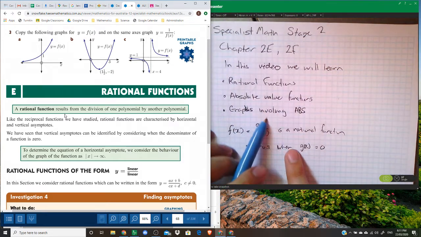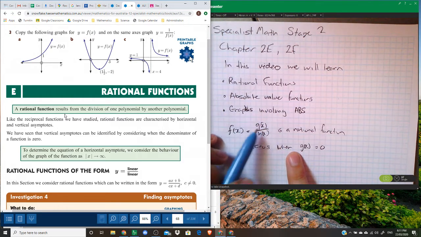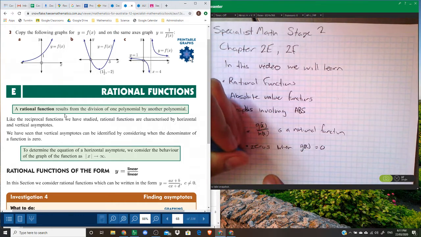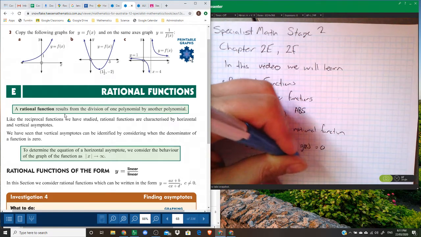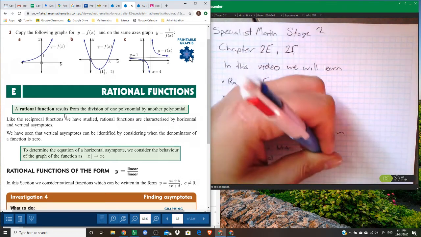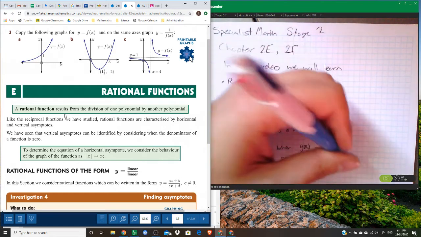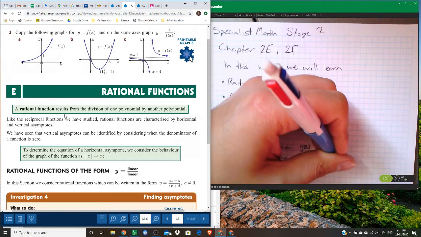The idea of the division of two functions doesn't matter what the outcome of h of x is, you can't divide and get 0, but you will have vertical asymptotes when h of x equals 0.